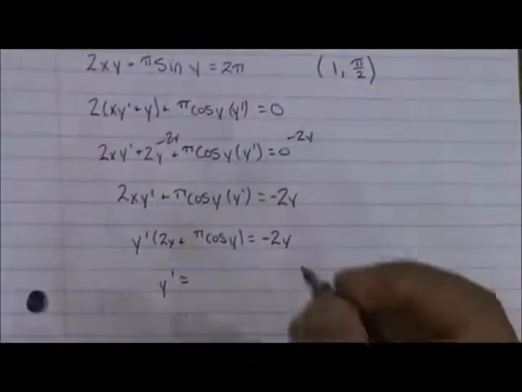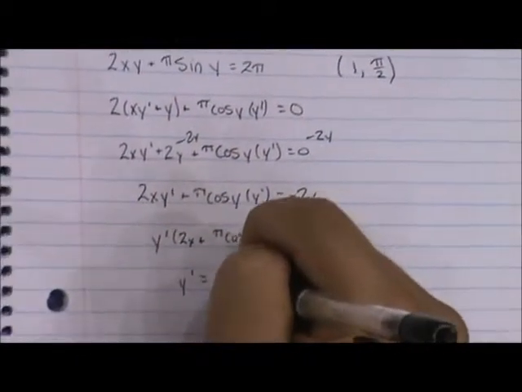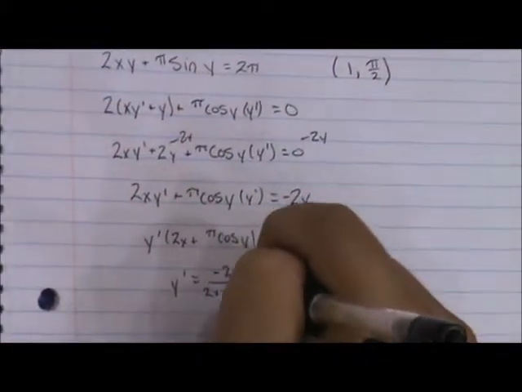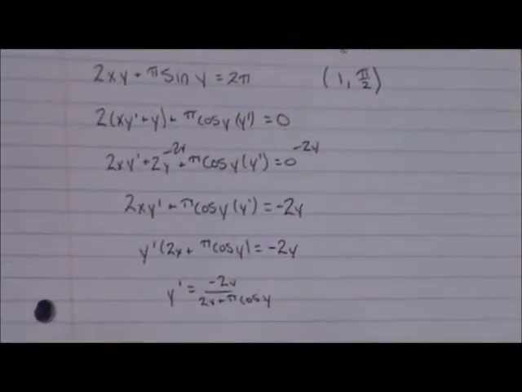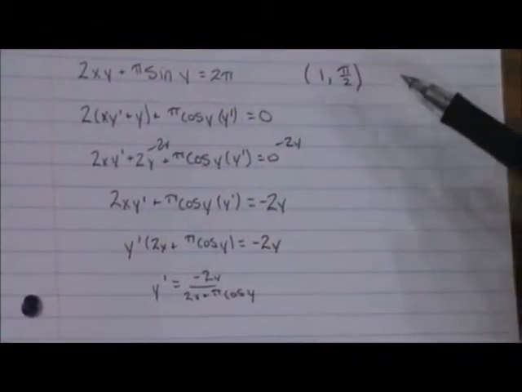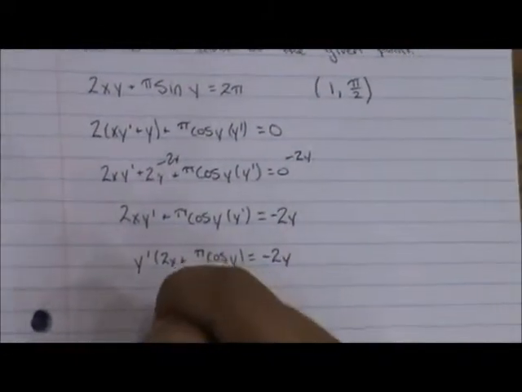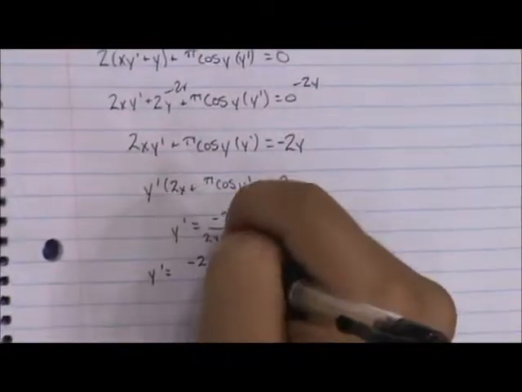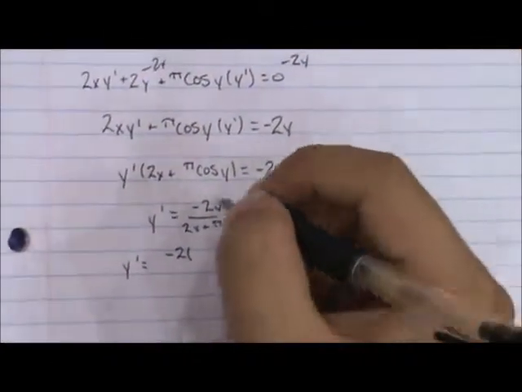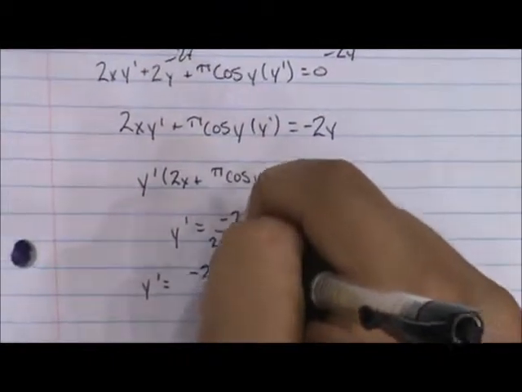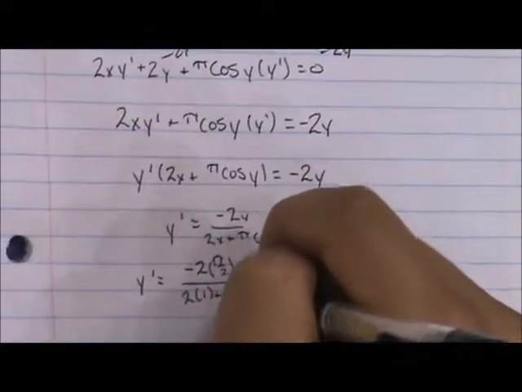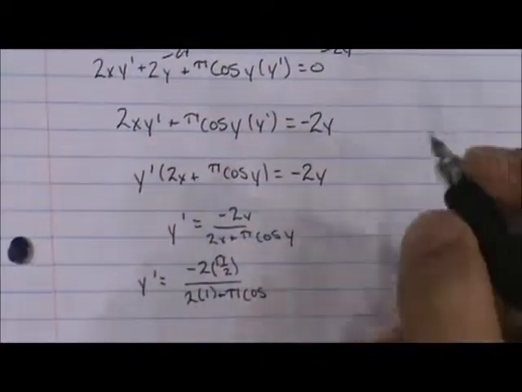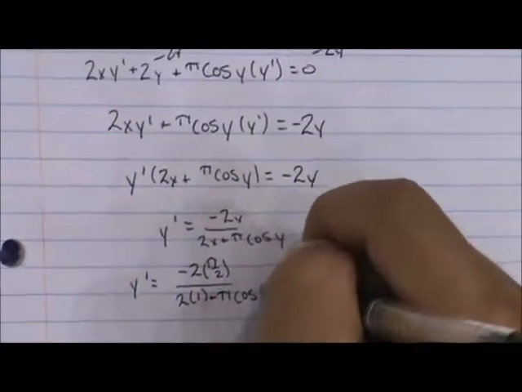Now you can divide this so you get y prime alone on one side. I'd given you the equation y prime equals negative 2y over 2x plus pi cosine of y. Now you're able to start plugging in the points that you were given, and you get y prime equals negative 2 times pi over 2 over 2 times 1 plus pi cosine of pi over 2.